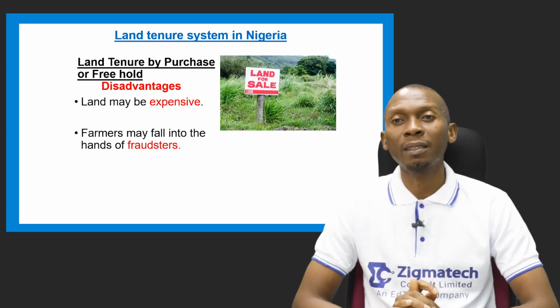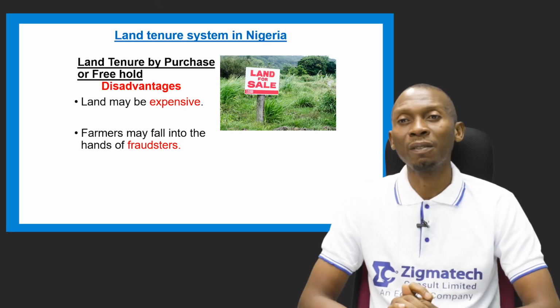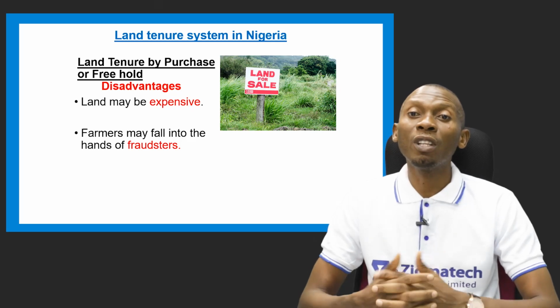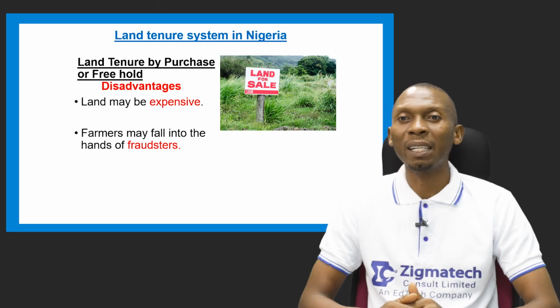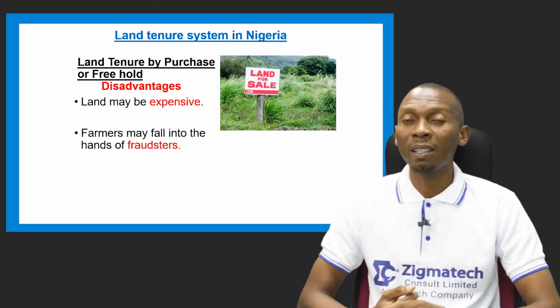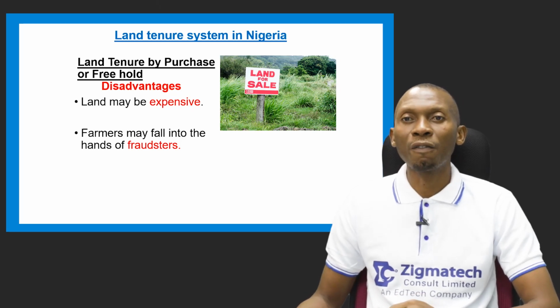It also has its disadvantages, and in this case, the land may be expensive to purchase, and the farmer may also fall into the hands of fraudsters, people who buy land and resell to others, and those are fraudsters. So that's another disadvantage of the land tenure by purchase or freehold.